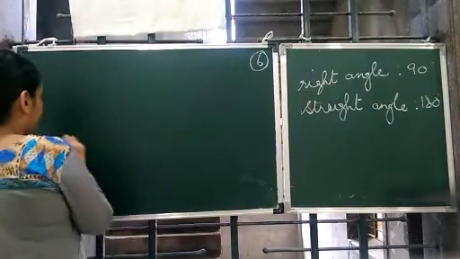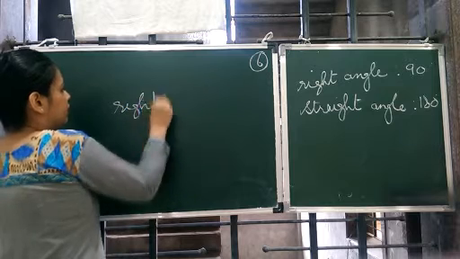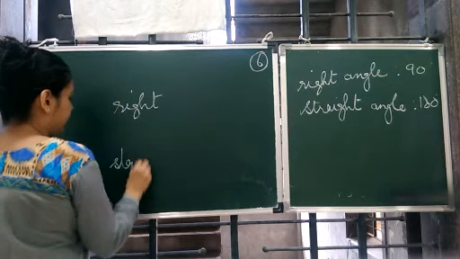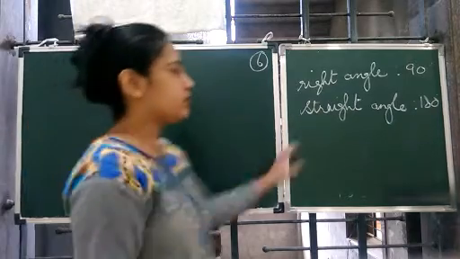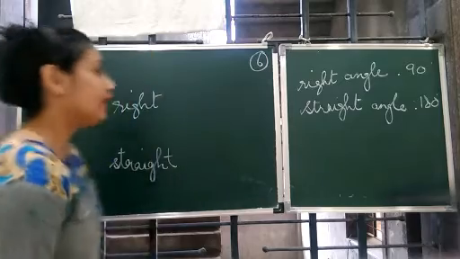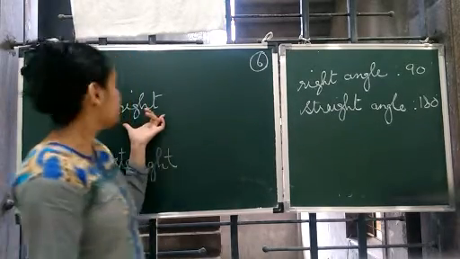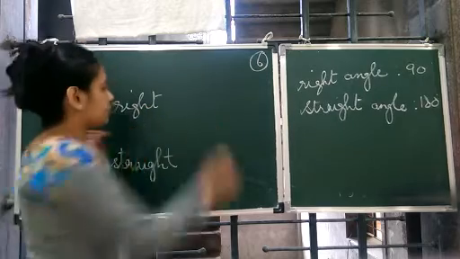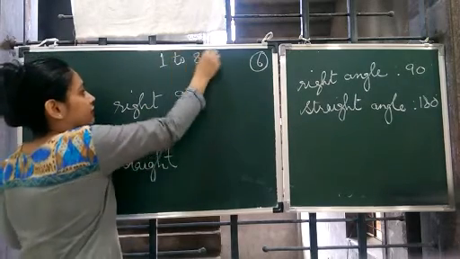If I write right angle and a straight angle, we know that the measure of a right angle is 90 degree, the measure of the straight angle is 180 degree. Now, what about the angles which are less than 90 degree? Less than 90 degree means 1 to 89.